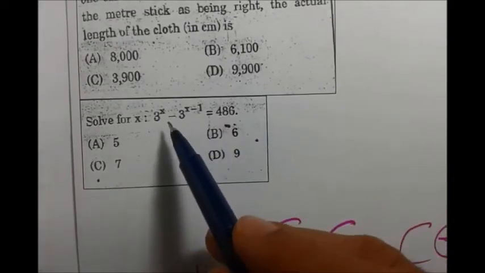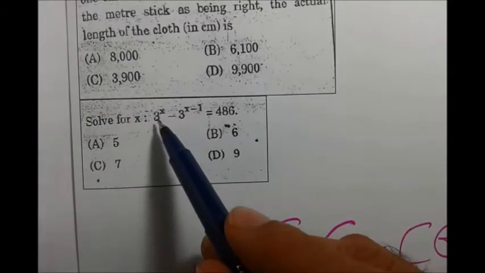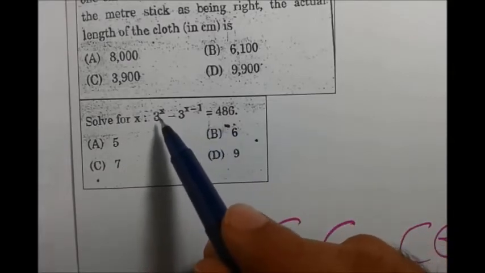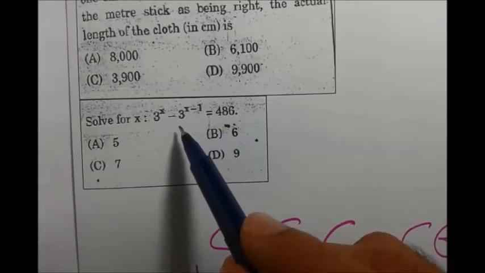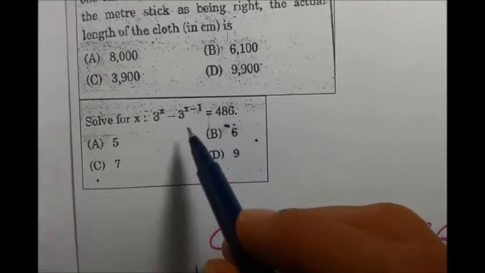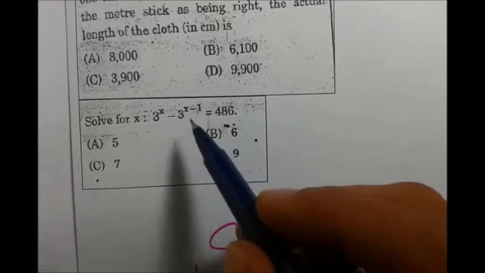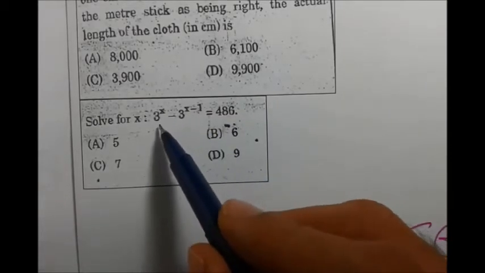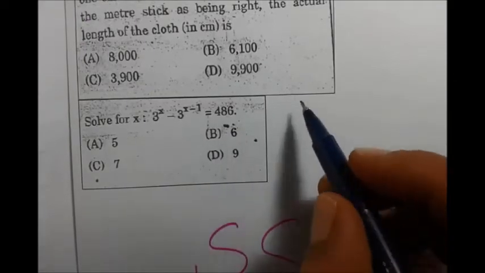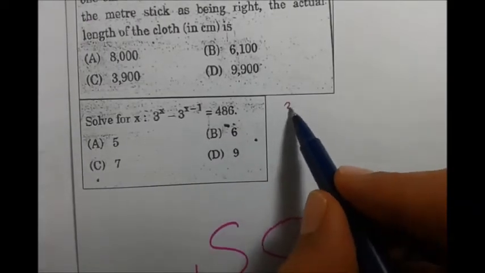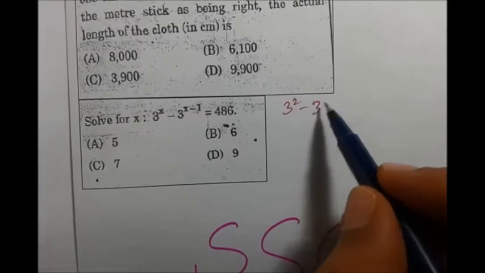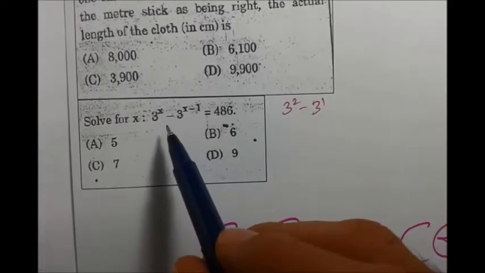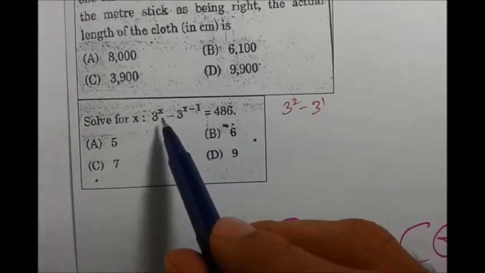So the question says solve for x, and he gave an equation here, that is 3 power x minus 3 power x minus 1. So how I will read it is the difference between two consecutive powers of 3. That is, if I start with 3 square, in simplest terms it is this.